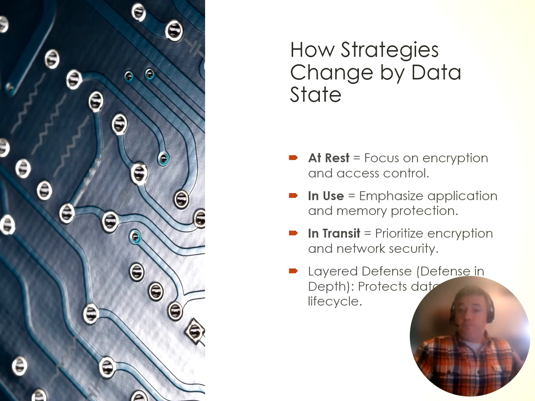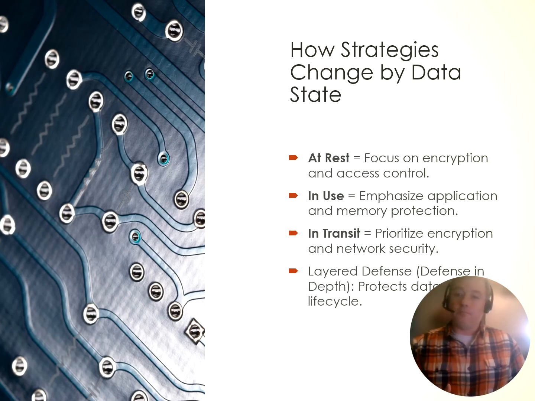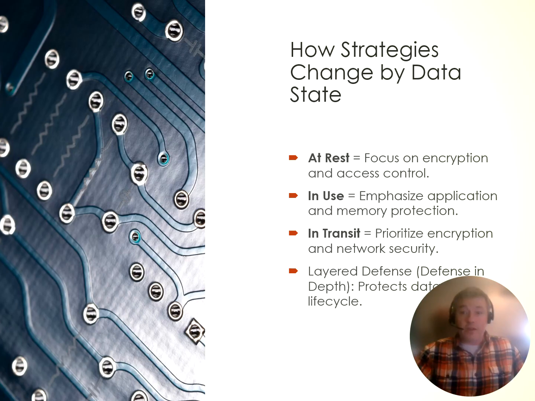Now, depending on the situation, the approach to securing this data needs to be adapted based on whether it's at rest, in use, or in transit. Each one of these states presents certain vulnerabilities and requires certain protocol methods. So for data at rest, organizations should mostly focus on encryption, access controls, and physical safeguards to help prevent unauthorized access.